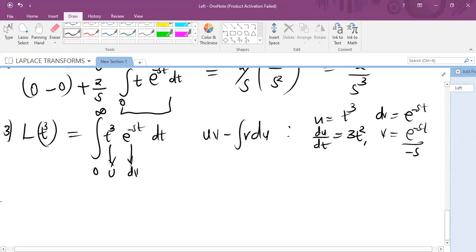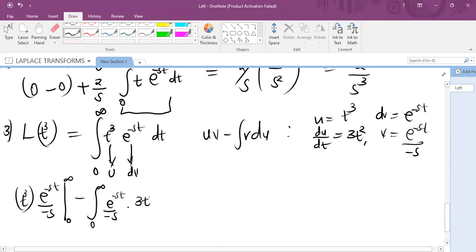So our v is exponential minus st over minus s. Replacing those values into the formula, we have uv, which is t cubed multiplied by v, exponential minus st over minus s, from 0 to infinity, minus integral from 0 to infinity of v, exponential minus st over minus s, multiplied by du, which is 3t squared dt.